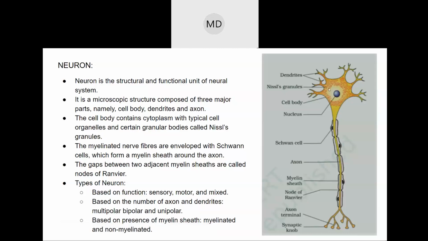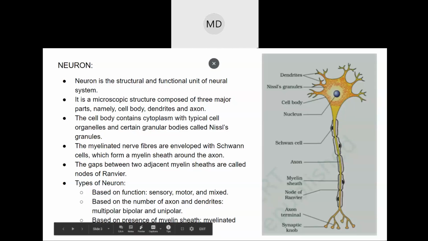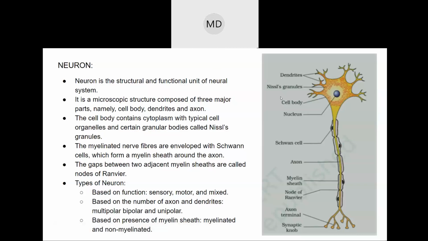Three parts. This is the structure of a neuron. This structure of the neuron, you have studied it from school itself. Okay, this structure is very important. You have to learn to draw this one. This is also required in your earlier school itself.